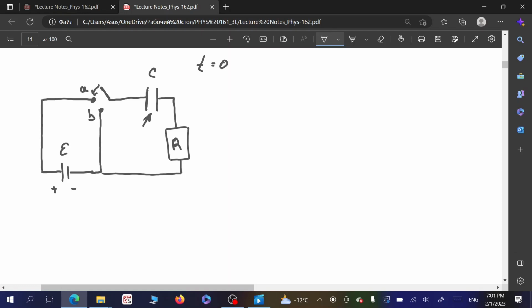However, in this particular case, there will be current flowing through the circuit. However, it will be time-dependent current, and its maximum value will be defined by electromotive force and load resistance. However, that is only at t equals 0.